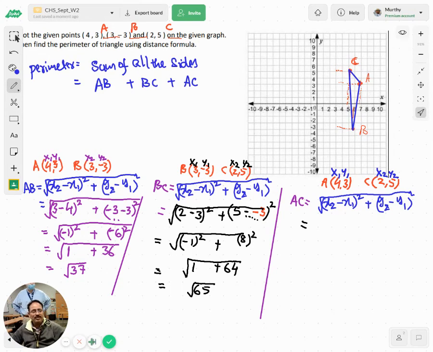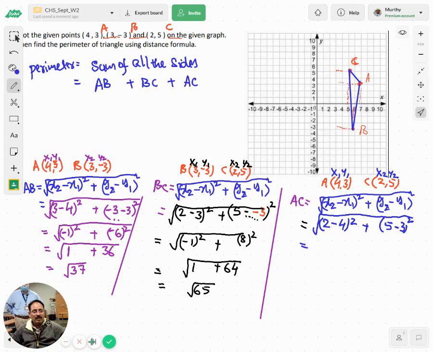Now you can see that x2 subtract x1, so x2 is 2 and x1 is 4. So let me take 2 subtract 4 whole square plus y2 is 5 subtract y1 is 3 square under the square root.